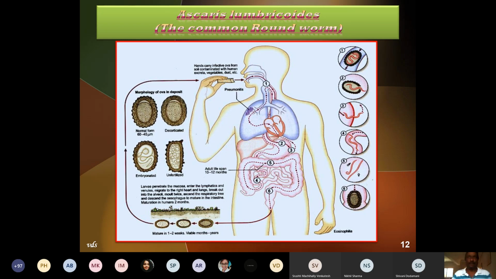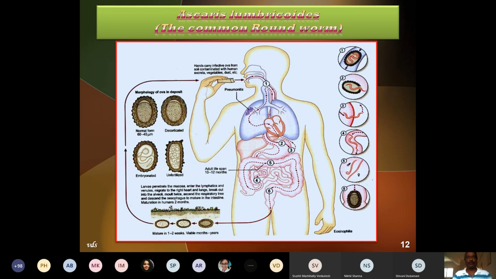As they erode the pulmonary capillaries, hemoptysis may be seen in such cases. Now, the larval form here undergoes much more development and molts twice. That is, two developmental stages, or two moltings, occur in the lungs.